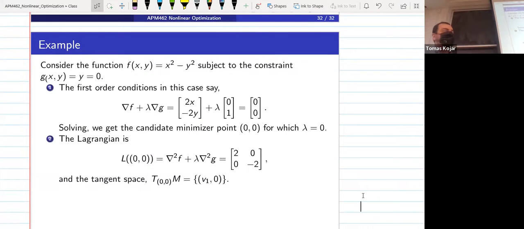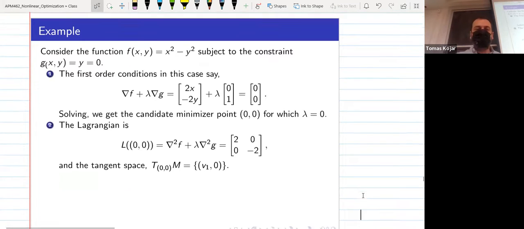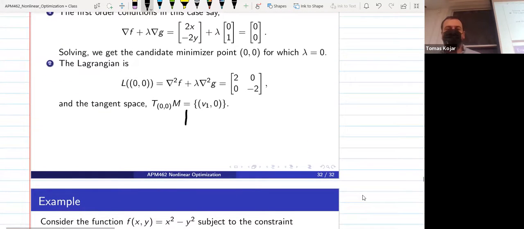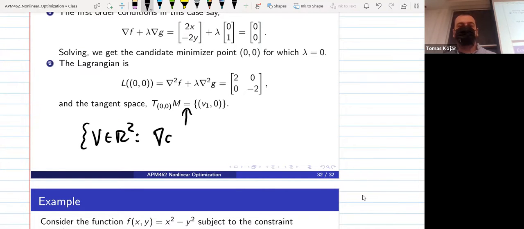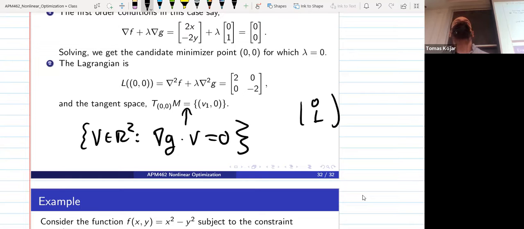But that's not what we're looking at. We're only constrained on the tangent space. And I know I just wrote it, but let me justify it. So once again, you just have to look on the bigger space, and the bigger space is all the v's in R2, so that gradient of g dot v is 0. And gradient of g is 0, 1. And you dot it with V1, V2.